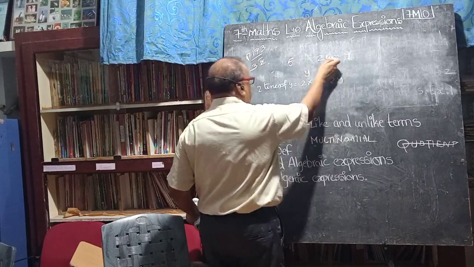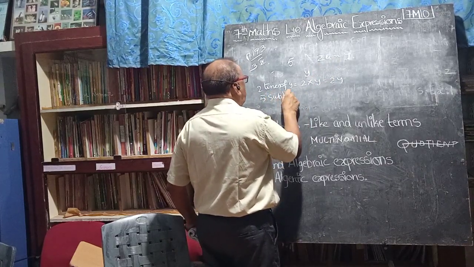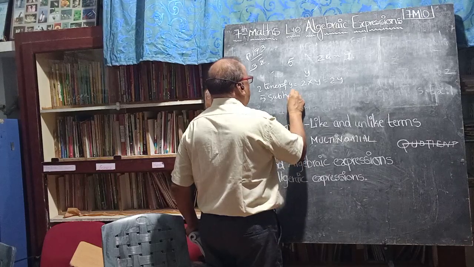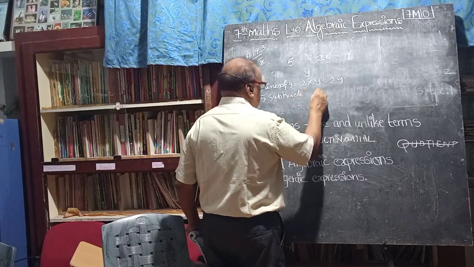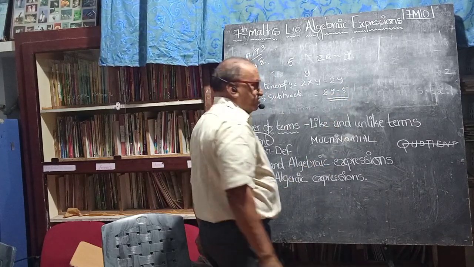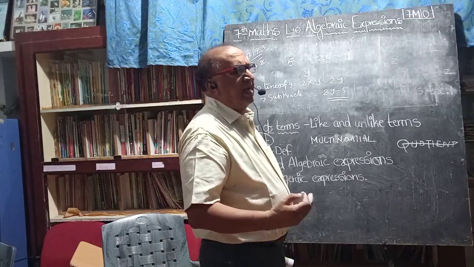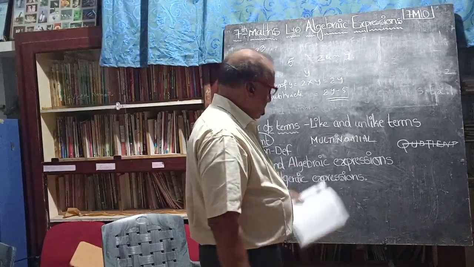And then 5 subtracted from this is equal to 2y minus 5. That is your expression. Okay, that's how you can take a statement and convert it into an expression.